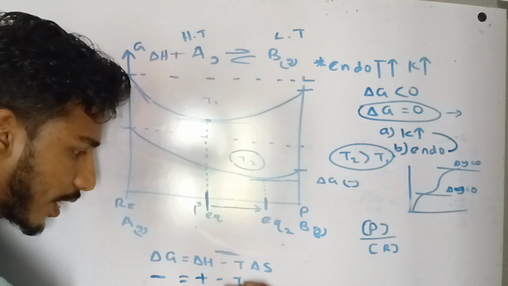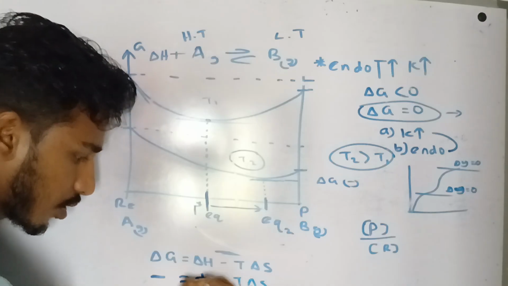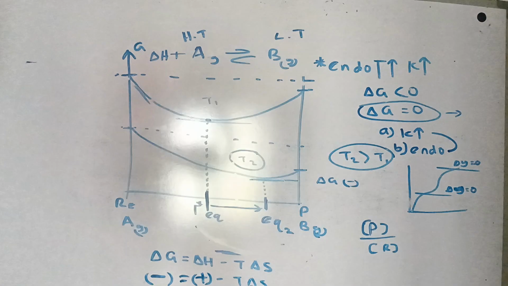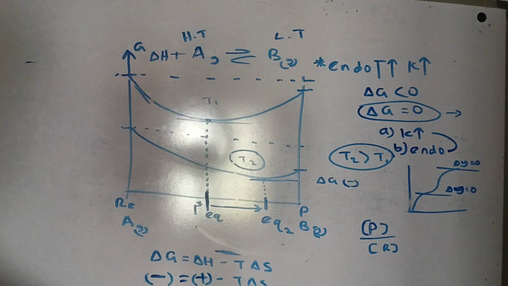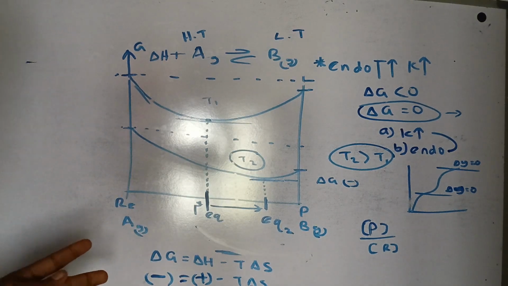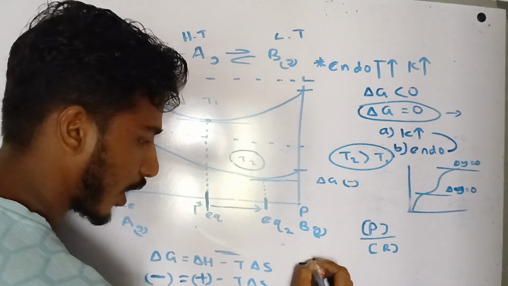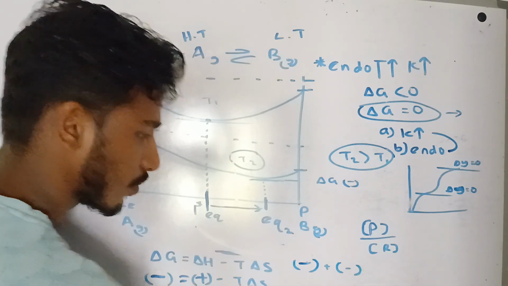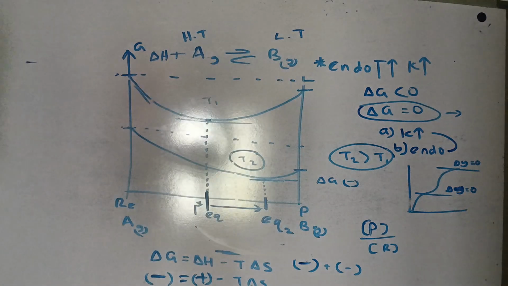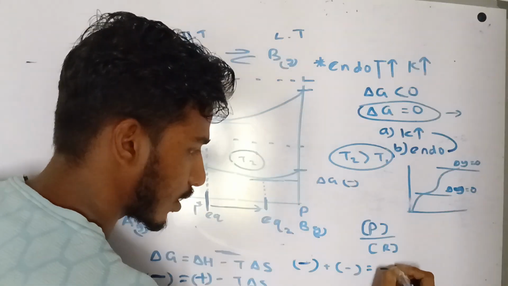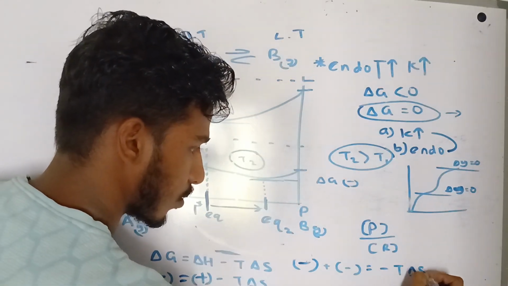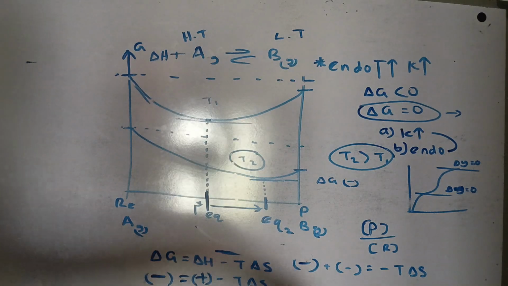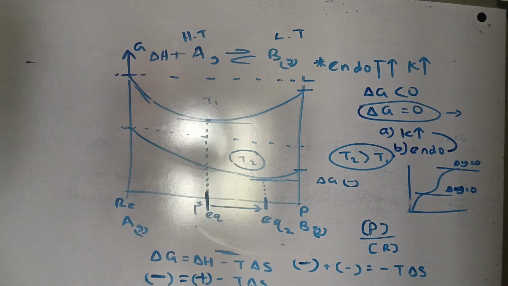Minus T delta S. You are having a positive value and a negative value. Now if I just send this positive to the other side, I'll be having a negative value. So a negative value plus another negative value is equal to minus T delta S. When you add two negative values, you will again have a negative value.